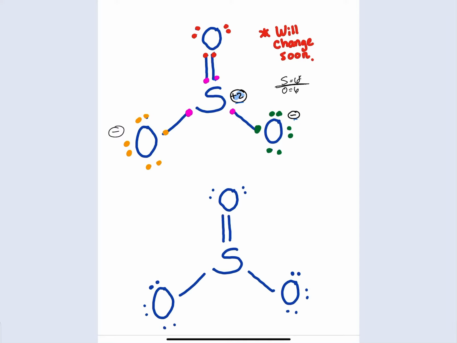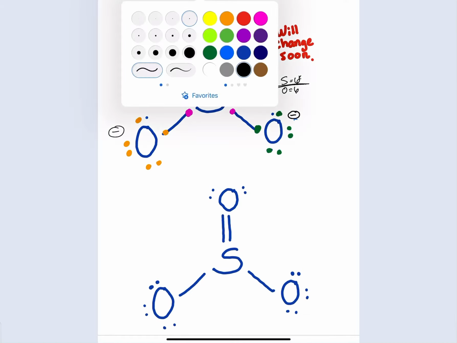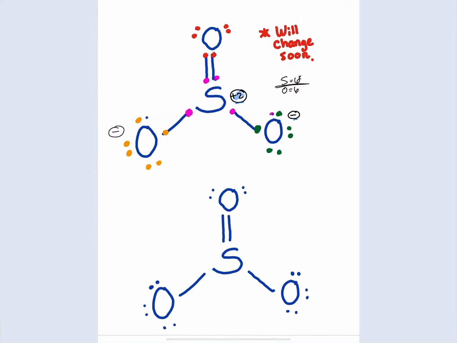So what's more likely is if we can get one of these oxygens right there, if we can get just one of the oxygens and one of these oxygens to become sulfurs, which is what they probably were to begin with, right? Because those electrons had to come from somewhere.